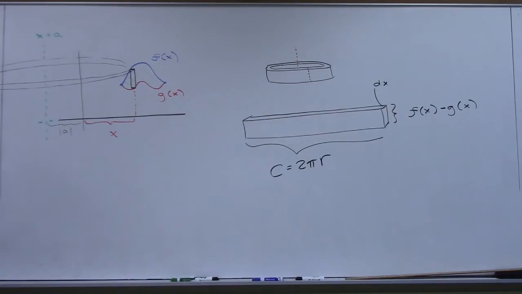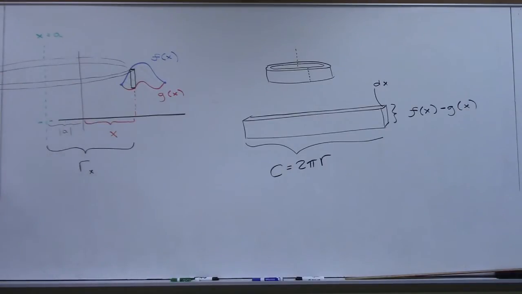But I'm looking for a general formula. So what I want you to do is just visualize that the distance from here to the rectangle, we're just going to call it r, all right? Radius. But I'm going to put a little subscript x there to remind you that that radius will always include x in it. X will be in it, but it might be just x, it might be x plus 2, it might be x minus 2. It just depends on the geometry of the problem, the setup.